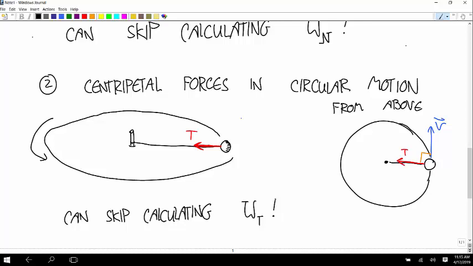The normal force never does any work, right? This thing's rolling or sliding, it's in that category, and so it doesn't do any work. You don't have to worry about that. This force that's always pointing toward the center of the circular path never does any work, so you don't have to worry about that. The only one we have to worry about here is the work done by gravity.